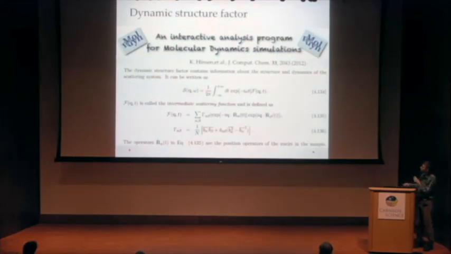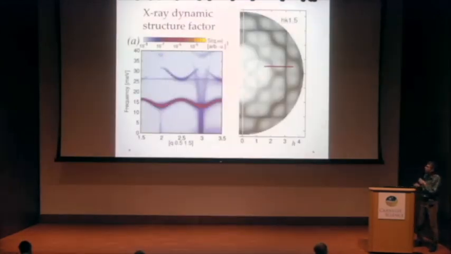Now we can do even more. We can look for the dynamic structure factor, which is intensity depending on the momentum transfer and the energy, and it's as usual the double Fourier transform of the pairwise correlation functions.